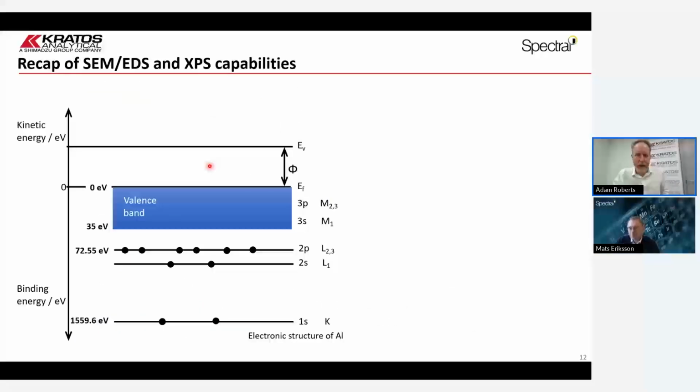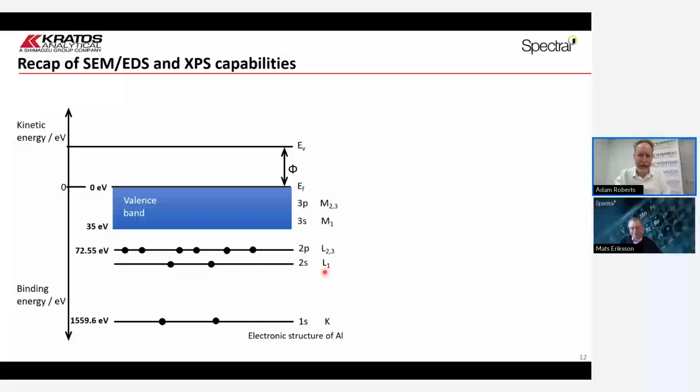Yeah. So I was then going to just give again a very basic overview of XPS. So as Matt's indicated, this is just the electronic structure of aluminium, and again the different nomenclatures that we use in the XPS world. We're thinking in the spectroscopic notation, but they're equivalent to the X-ray notation for those different quantized orbitals.